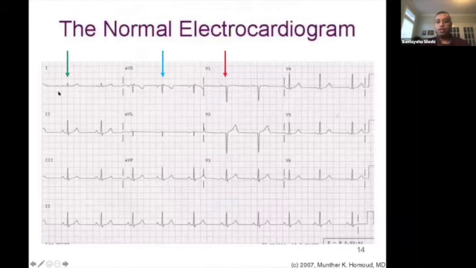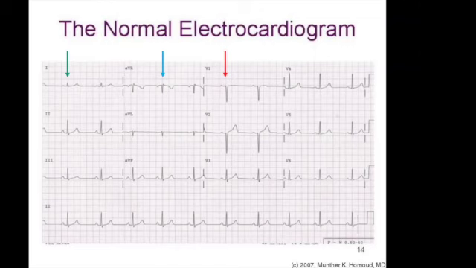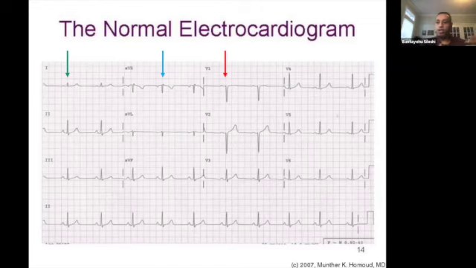What does lead 1 look like in a normal person? What does AVR look like in a normal person? What does V1 look like in a normal person? There are 12 leads, and in a normal person with appropriate placement of ECG, there are tracings that are expected. Then when someone has an abnormality, when the electrical activity changes, we detect it based on the change that we see.